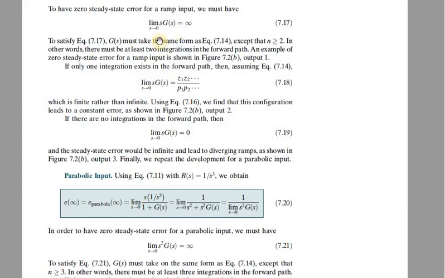For that case, it is only possible if one integral exists in the forward path, then we have a constant error. If there is no integral in g of s, then you have a constant value and you multiply with s and take the limit, it becomes 0. So if there is no integral, then we have 0.